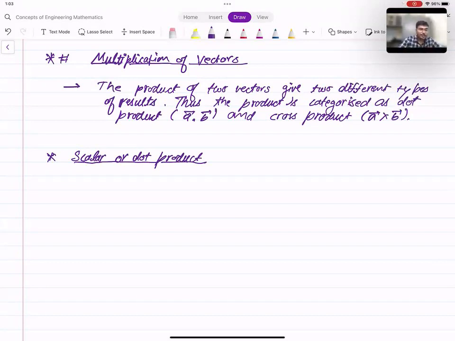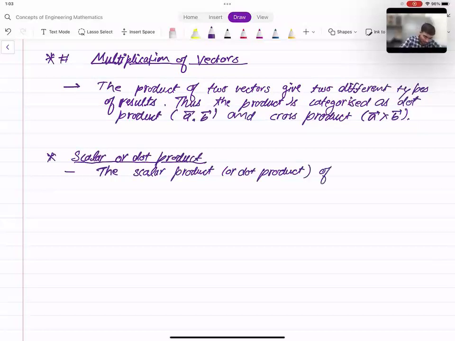So the scalar product or dot product of two vectors A and B is defined as magnitude of vector A multiplied by magnitude of vector B multiplied by the cosine of angle between them.